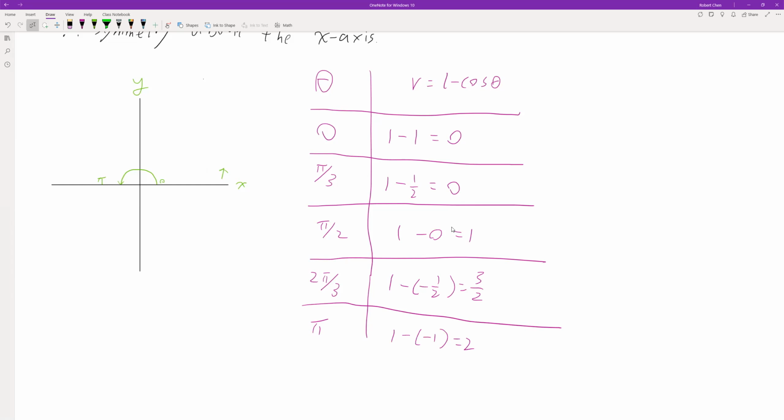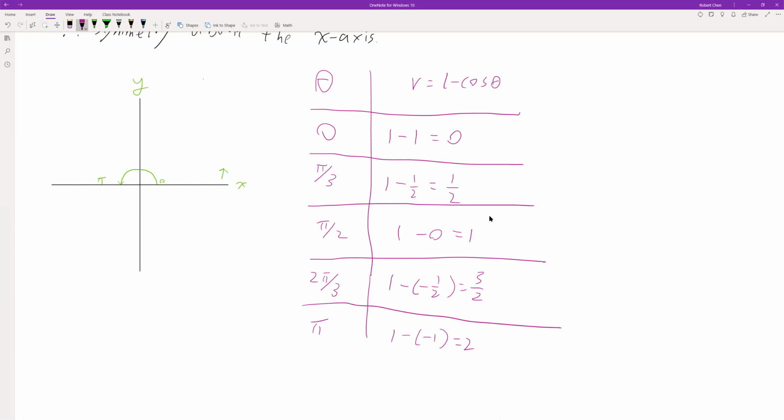So we have all the thetas from 0 to pi above the x-axis, positive rotation, and the corresponding radius, r. Oh, sorry. For pi over 3, it's not 0. It's 1 minus 1 half, that's 1 half.